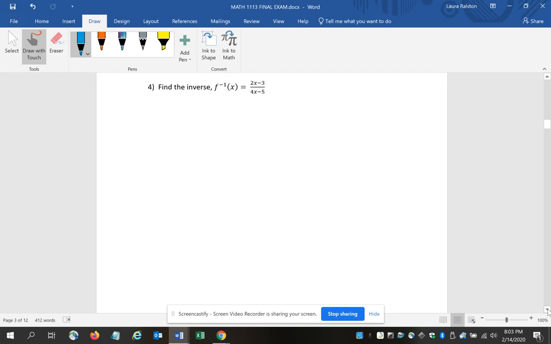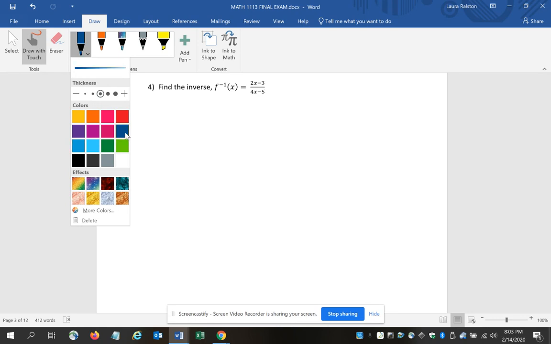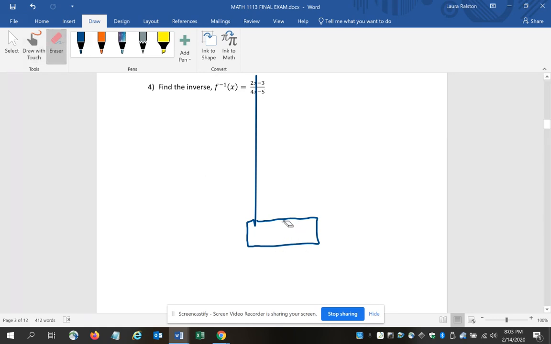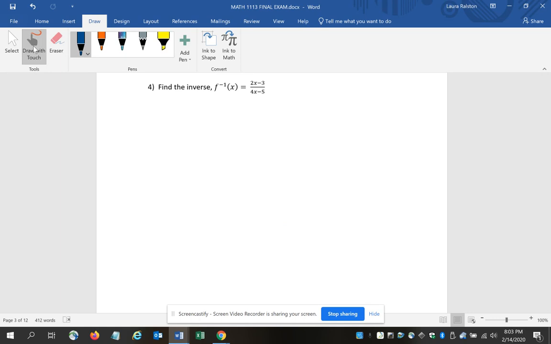Question 4 asks you to find the inverse, f to the -1 of x, for the function 2x minus 3 over 4x minus 5. If you'll recall the process for finding the inverse of a function, the first thing we do is remember that this function is actually equal to y.